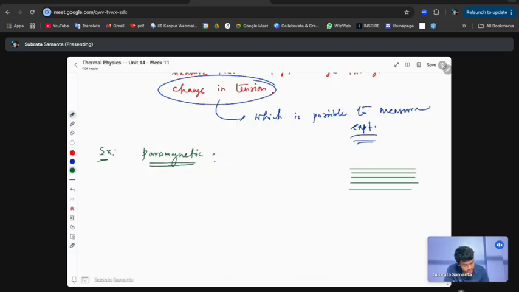Assume that all the lattice spacings are equal. These are the lattice points.